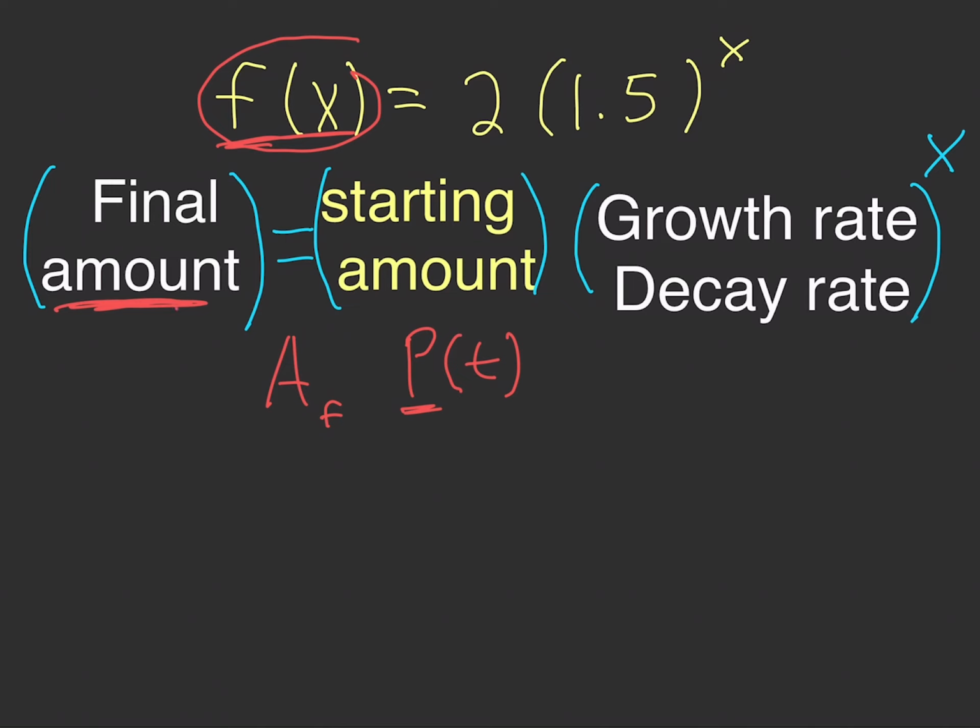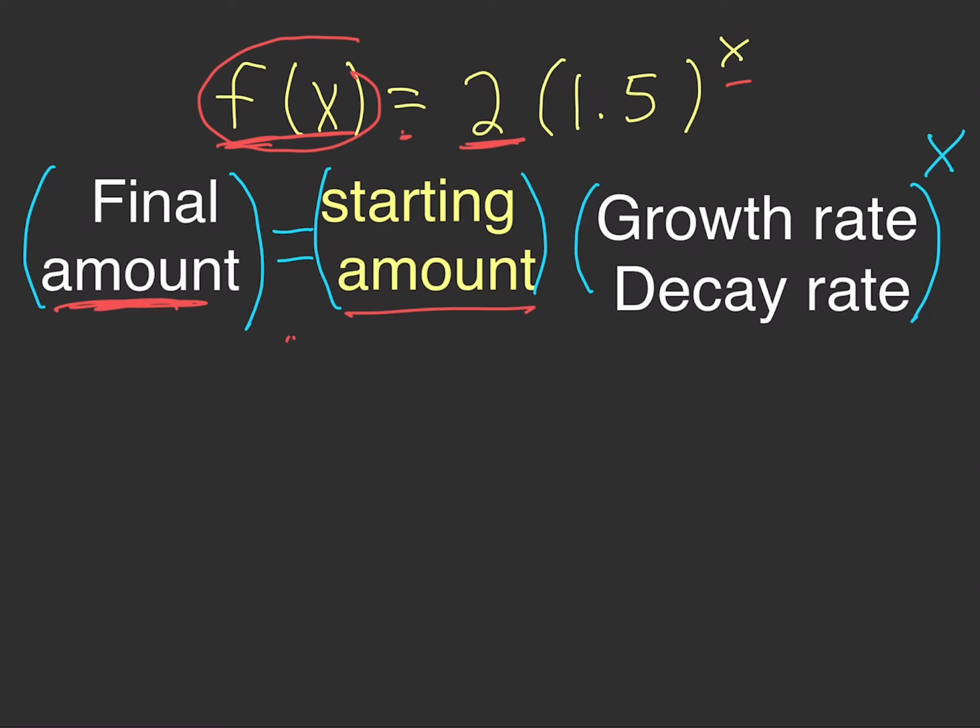By final amount, I mean when you tell me what you want to plug in for the x, then I can tell you what the final result is. And right after the equal sign, this number, that coefficient, is always the starting amount, always. So you can count on those to be that.